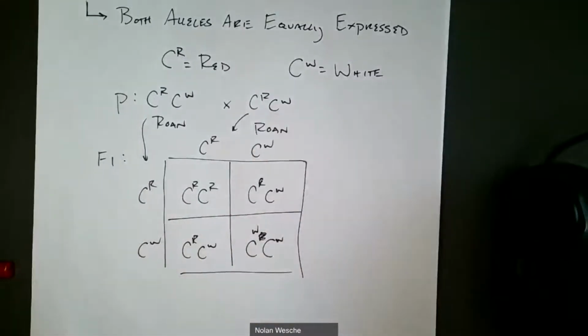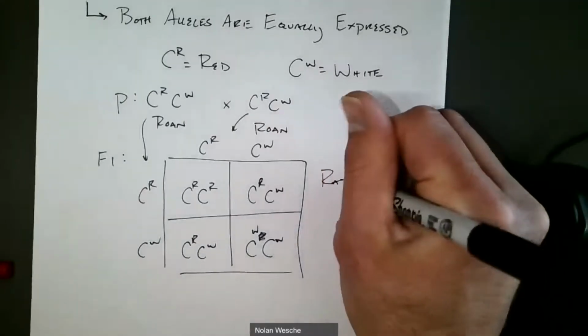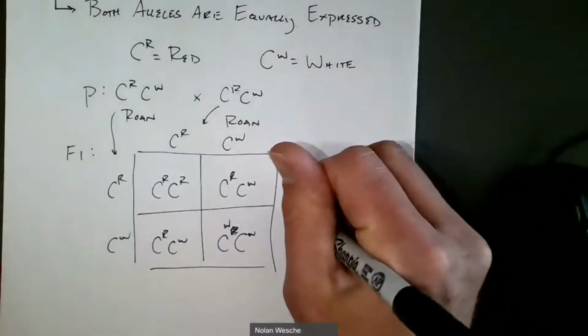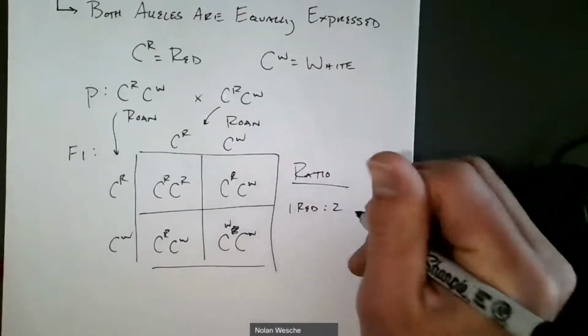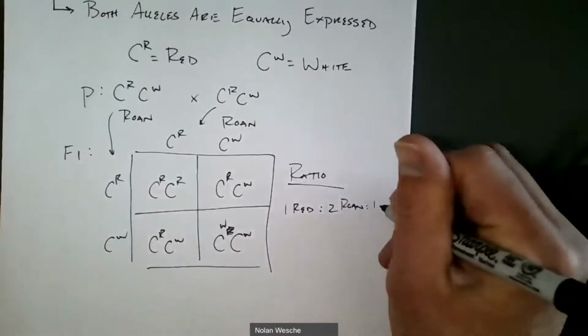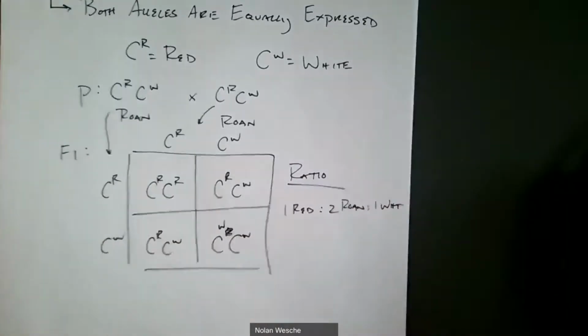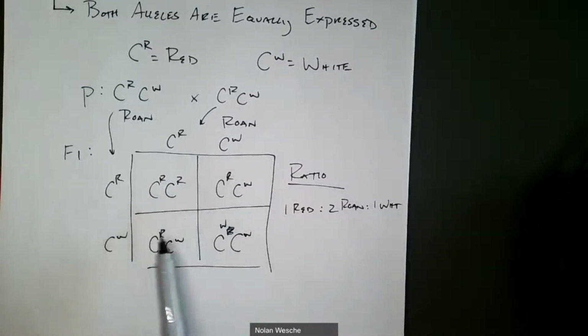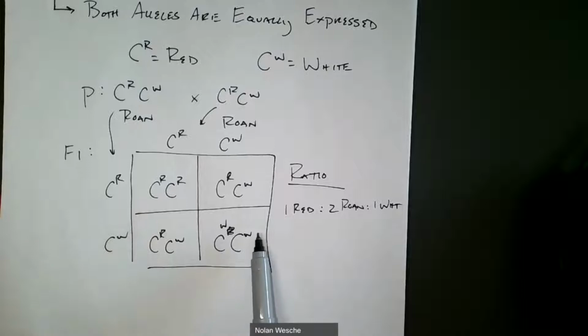So my phenotypic ratio, I'm going to have one red, two roan, and then one white. So I have a 1 to 2 to 1 ratio, or 1/4 are red, 2 out of 4, 50% are roan, and then 1 out of 4, 25% are white. Okay.